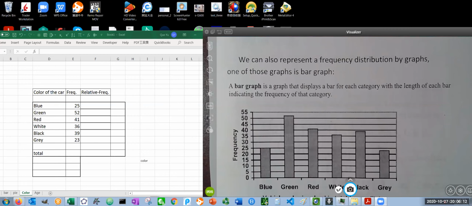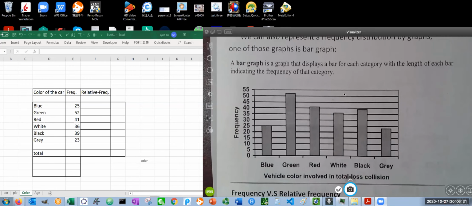A bar graph is a graph that displays a bar for each category. The category, we already mentioned, is the value, the event. With the length of each bar, you can also see the height of each bar, representing the frequency of that category. In other words, for any two-dimensional graph, like this one, you have a horizontal axis and a vertical axis.